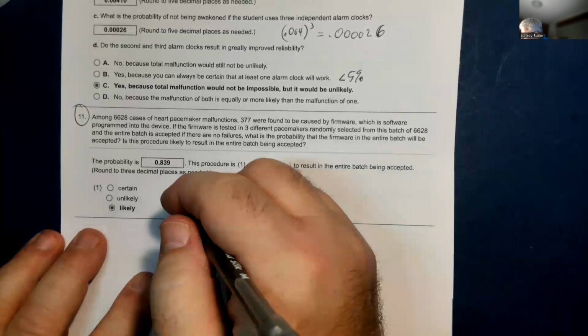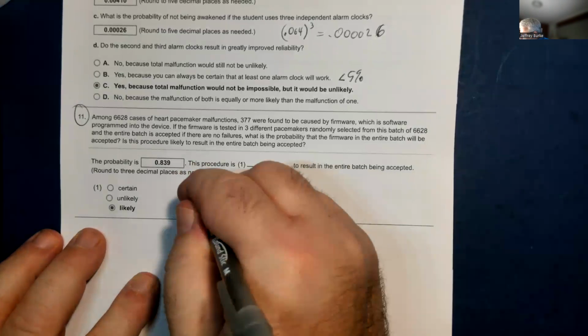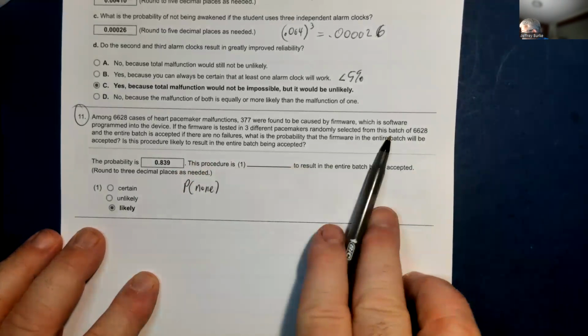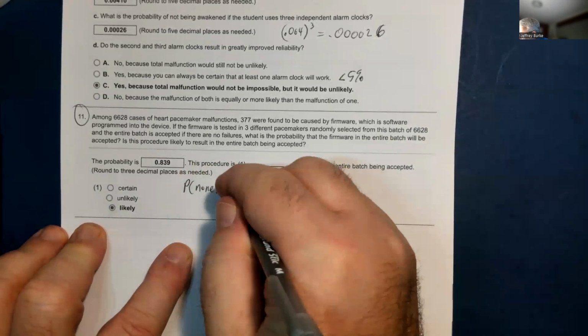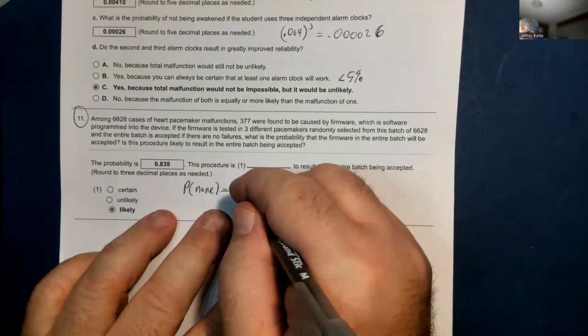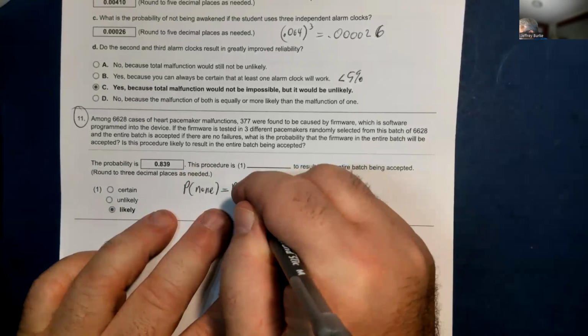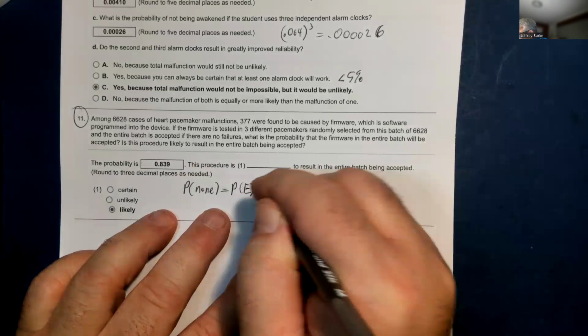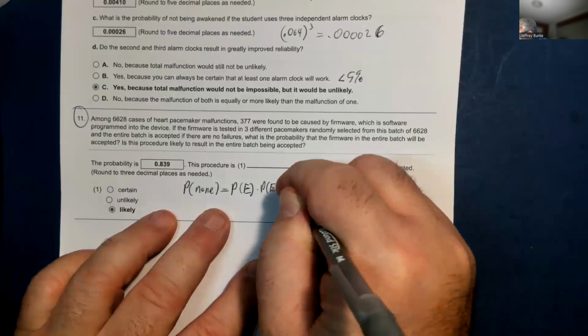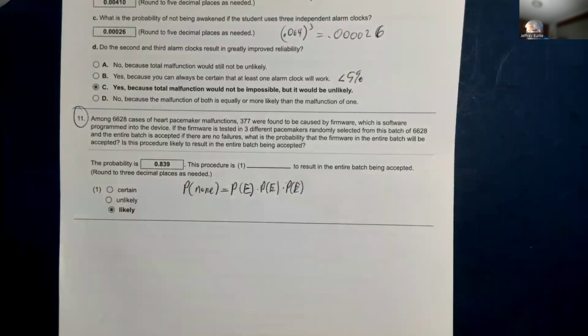So if I want the probability of none of these being defective, that's going to be the probability the first one is not defective, so it's effective, times the probability the second one is effective, times the probability the third one is effective. All right, so we want to make sure that all of these work.